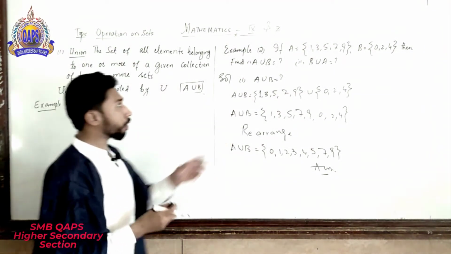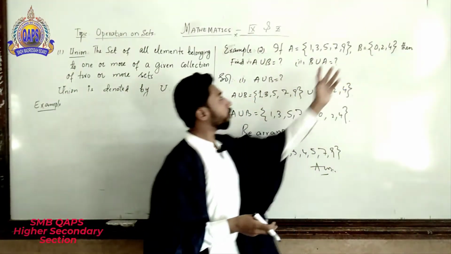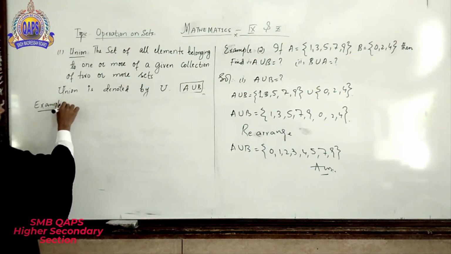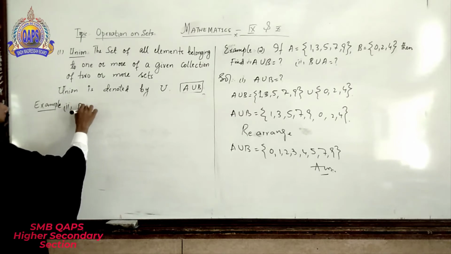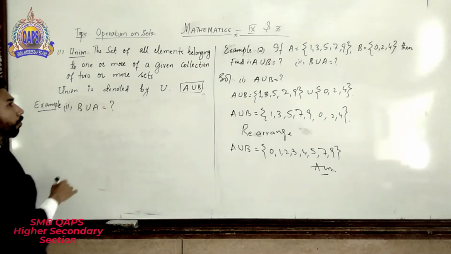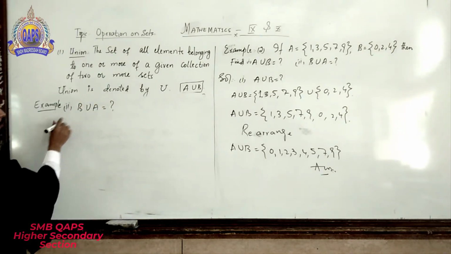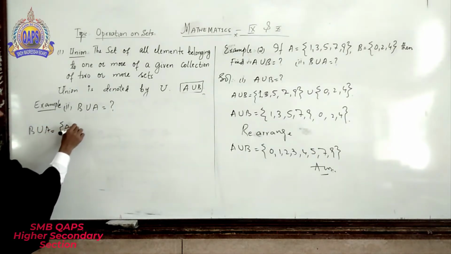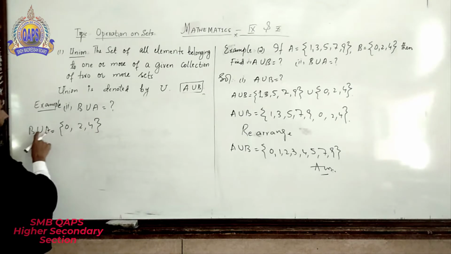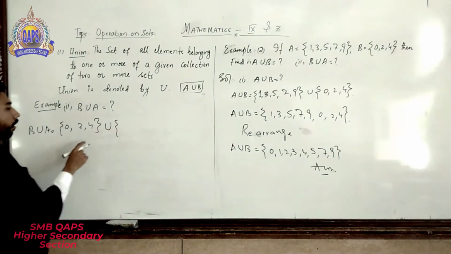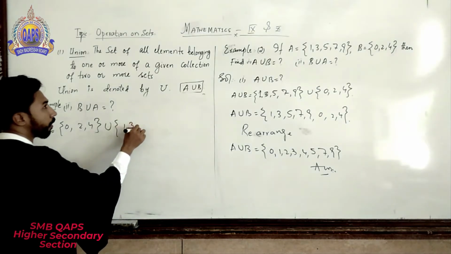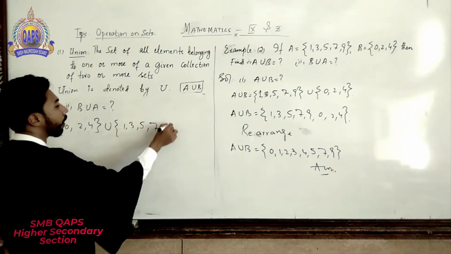The elements of set A and set B are the same, but the form is B union A. Here the elements of B are 0, 2, 4, then the symbol U between the two sets, and the elements of A are 1, 3, 5, 7, 9.